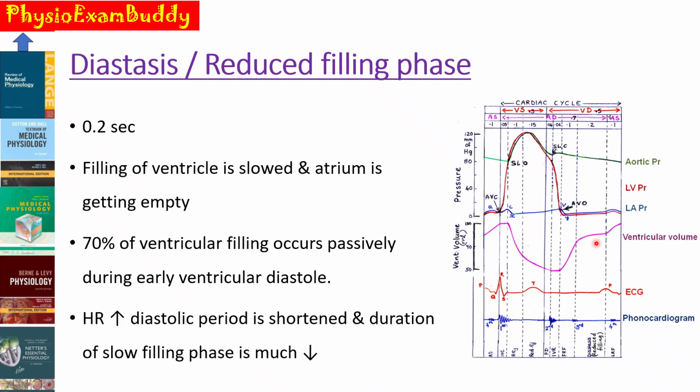So 70% of the ventricular filling occurs passively already during the early phase of the ventricular diastole, and with the increase in the heart rate, the diastolic period is shortened and the duration of this slow filling phase will be much reduced whenever the heart rate gets increased.